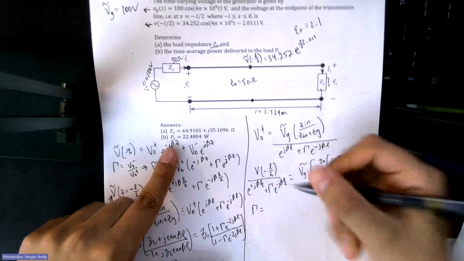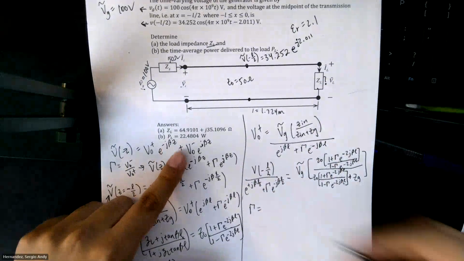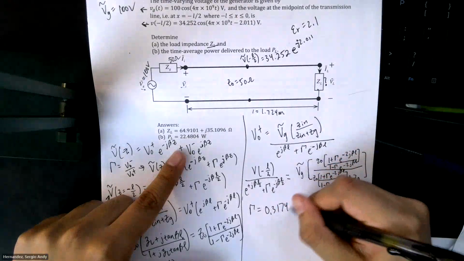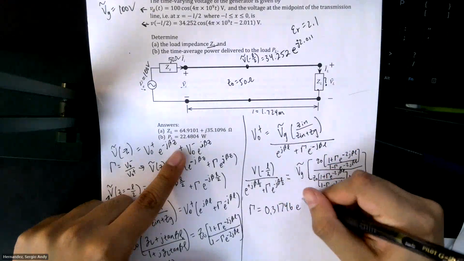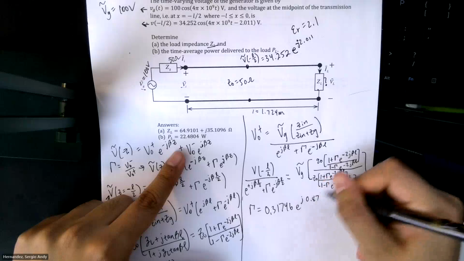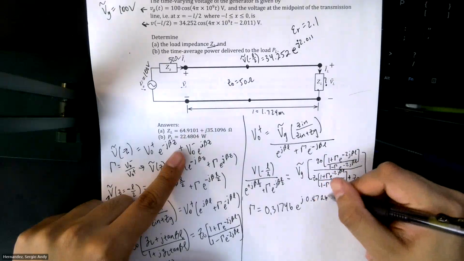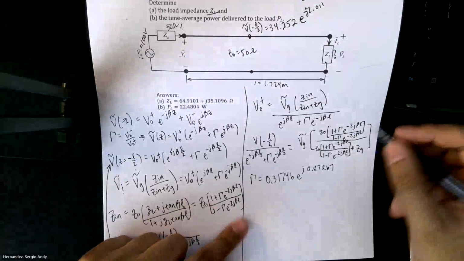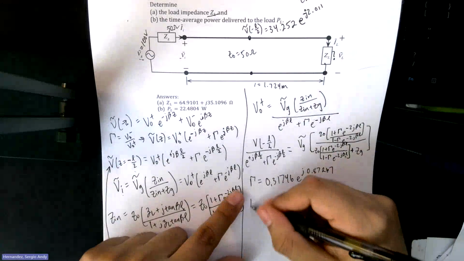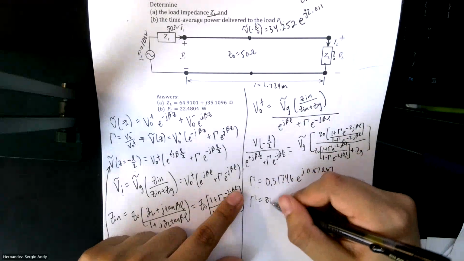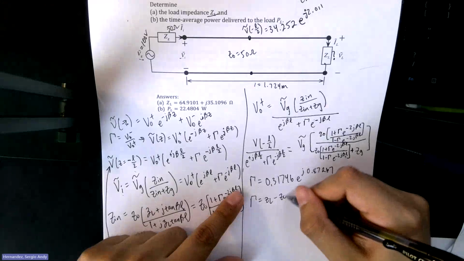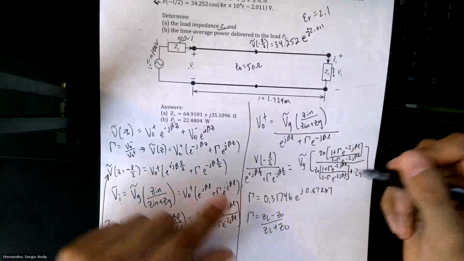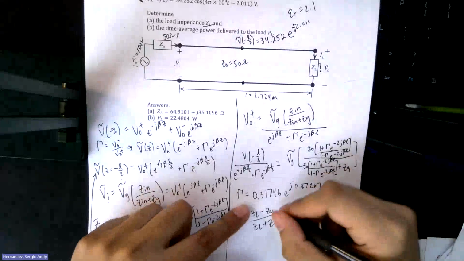All right, but you're solving for gamma first, and then you plug in this gamma into this formula to get your ZL.